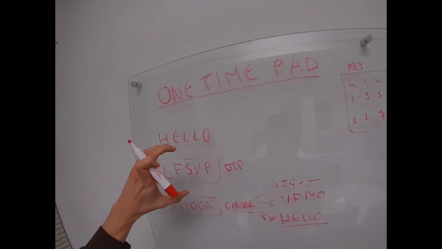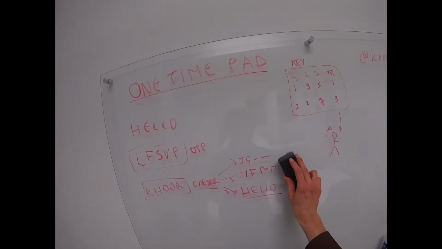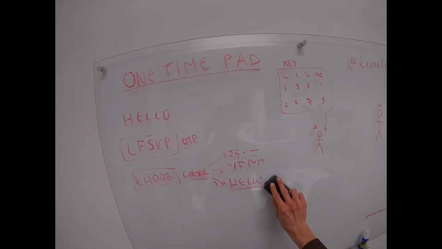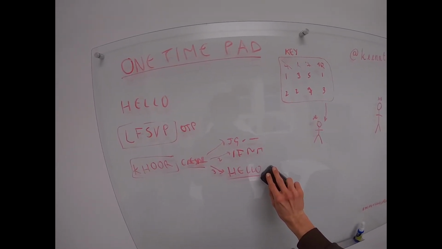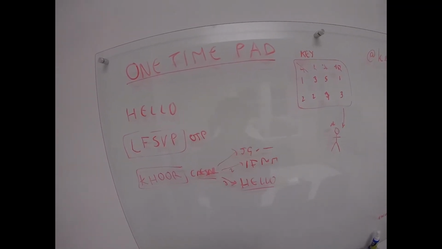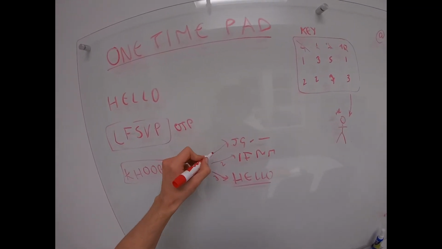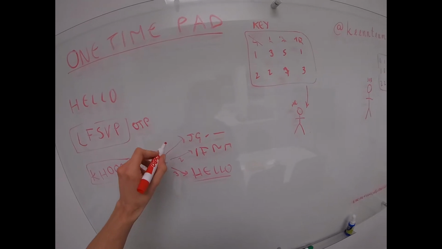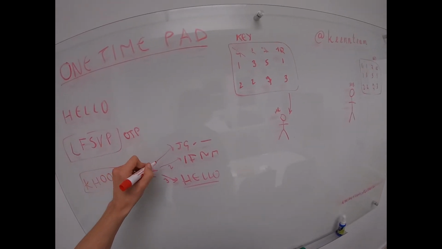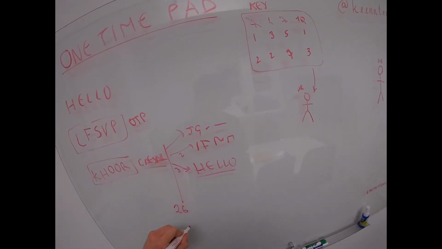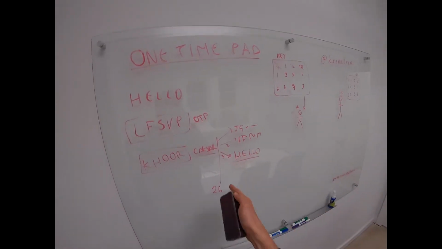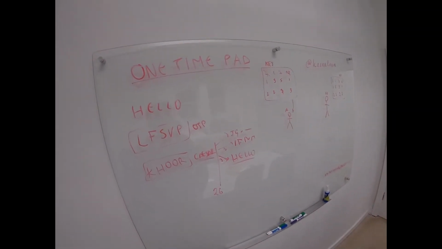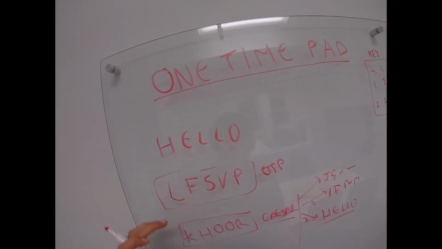Now, why is this not possible to do with the, how can I say, with the one-time pad? Because if you think about it, here, how many possible shifts are possible? 26, right? So we have 26 possibilities to find the right key. What does that number look like here?